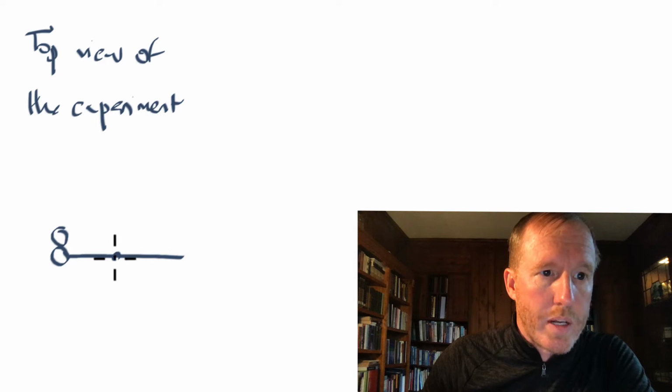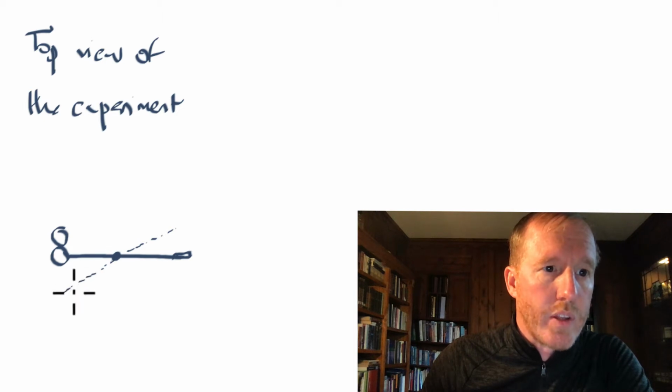This would be the suspension point looking straight down, and then this would be the vane on the end of it right here. And when they make contact, this ball is going to undergo its repulsion, and it's going to move away from the other ball by some angle right here. We'll call that angle theta right there.